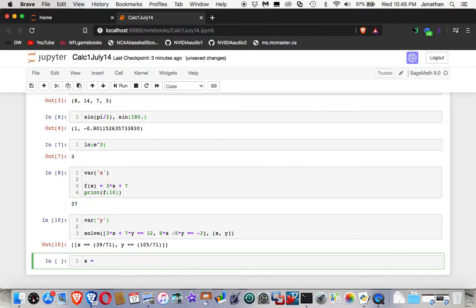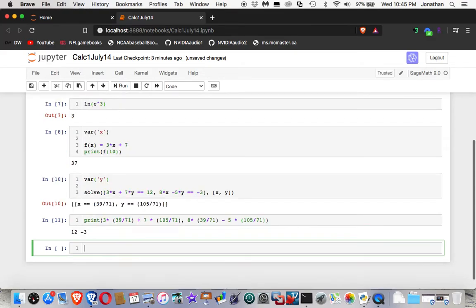Let's print 3 times 39 divided by 71 plus 7 times 105 divided by 71, and we'll also print 8 times 39 by 71 minus 5 times 105 by 71. We get 12 for the first one, and we get minus 3 for the second one. So we found the solutions for x and y for this system of equations.